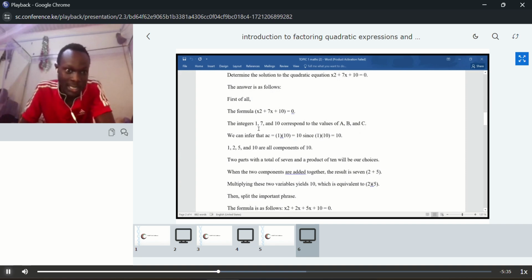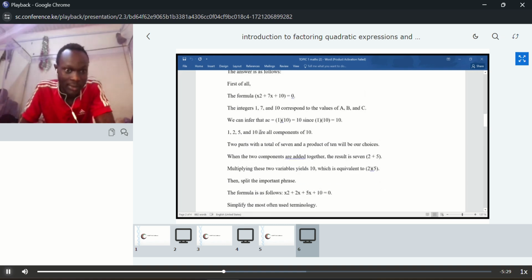The integers here, 1, 7, and 10, correspond to the values a, b, and c. We can infer that ac, that is 1 times 10, is equal to 10, since 1, 2, 5, and 10 are all factors of 10.